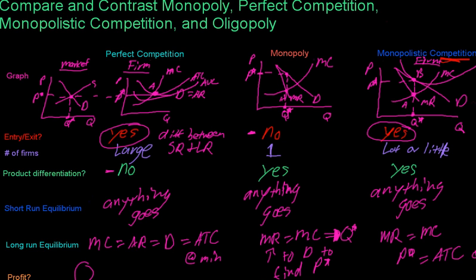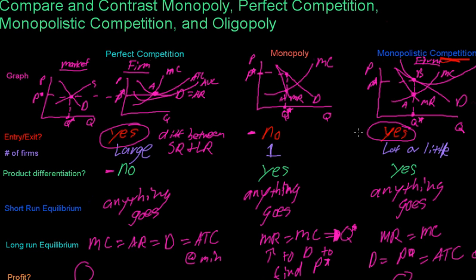And all that's saying is that when you go up here to Q star, you're going to hit demand and average total cost at the exact same time. So demand, which is equal to price at the optimum quantity, is also equal to average total cost at the optimum quantity.